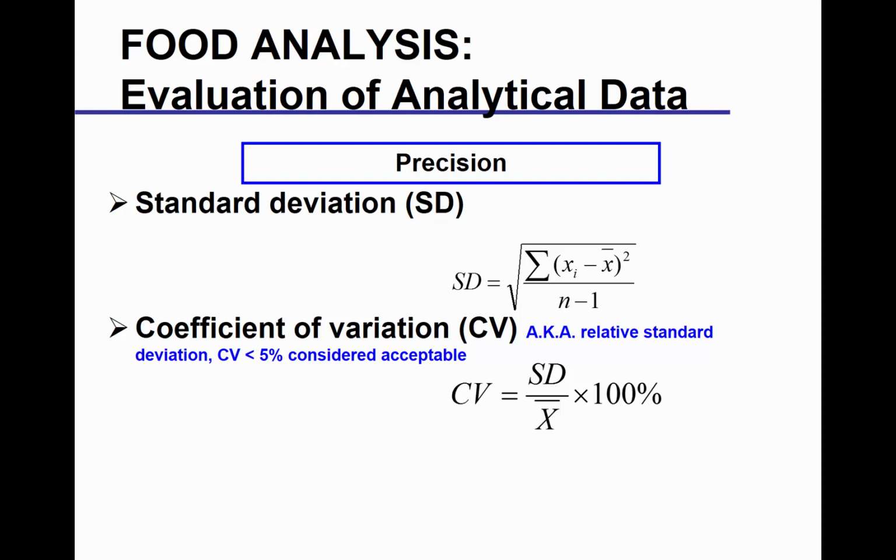Which of these methods, IR or Dumas, has better precision? Ted? Dumas. You said IR, I heard that. Why do you think it's IR?